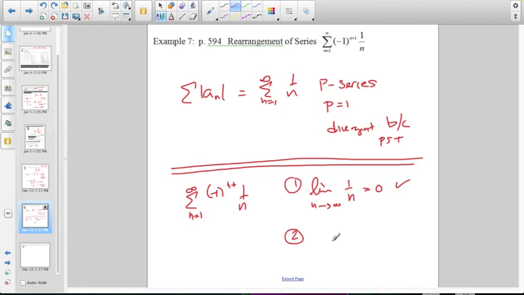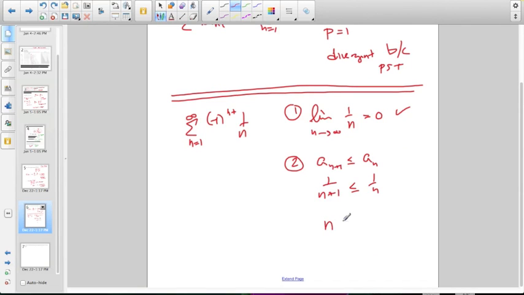So we get the first criteria met. We've done this a few times already. We're going to check to make sure that it is non-increasing. So 1 over n plus 1 is less than or equal to 1 over n, and simple cross multiply, n less than or equal to n plus 1, which is true. So this series is conditionally convergent.